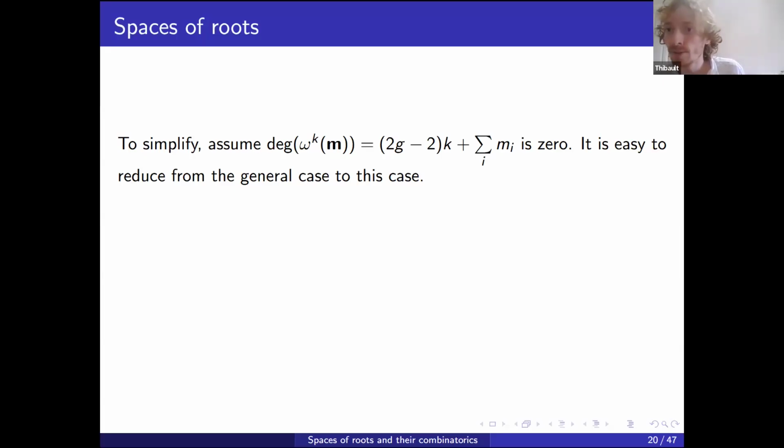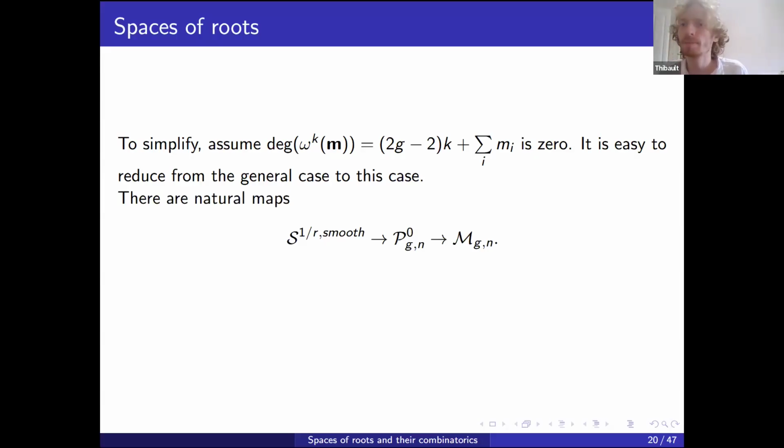And if the degree is a multiple of r, then you can just twist all roots by some multiple of, let's say, the first marking. And this makes the degree of the root get a -1, and it makes the degree of r times the root get -r. And so you find an isomorphism between your space of roots and a space of roots of degree 0.